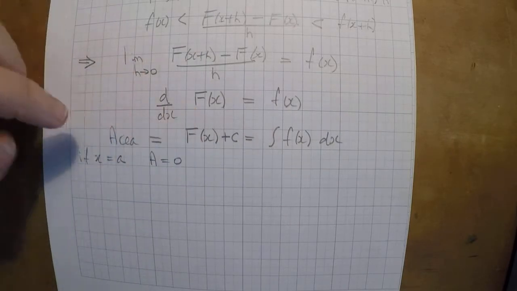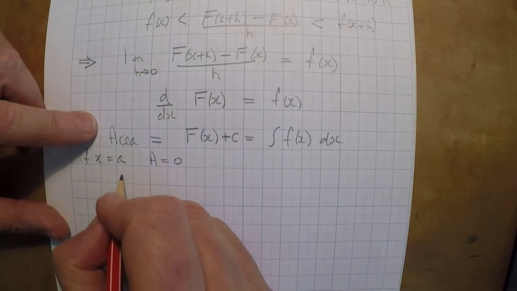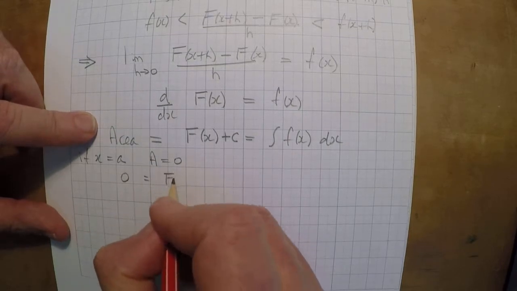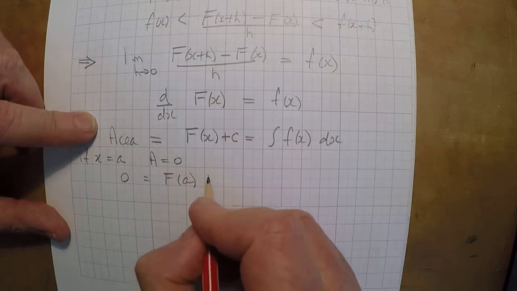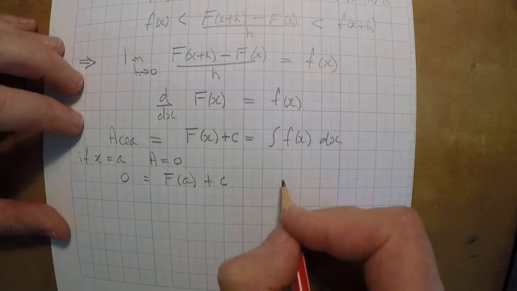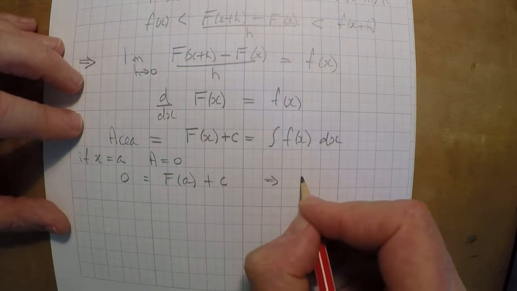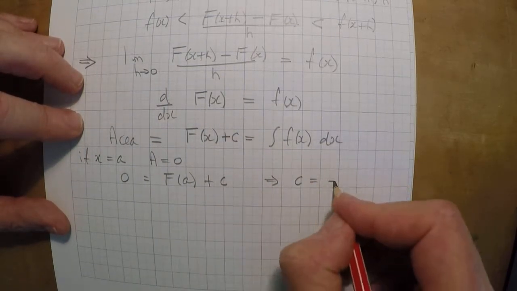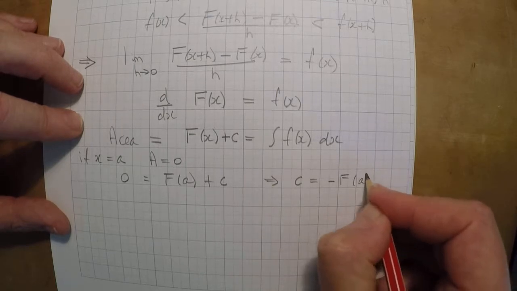So substituting into here, 0 for area, equals f of a plus c. I hope you can see that therefore the constant of integration is negative f of a.